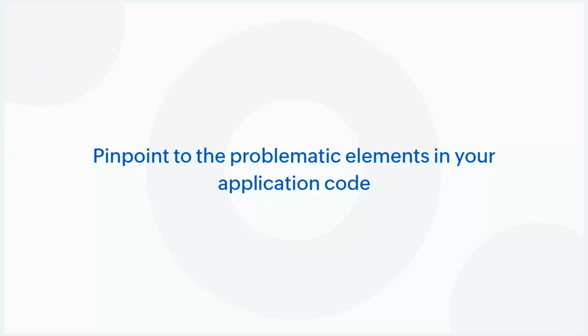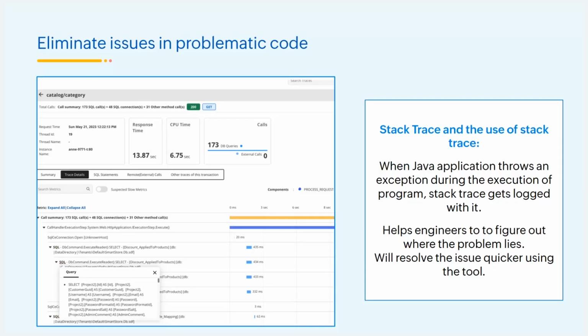Pinpoint the problematic elements in your application code. Let's see the need to eliminate the issues in problematic code. As you may be aware, a stack trace represents the movement of an application during the execution of a program. When a Java application throws an exception, the stack traces get logged. By enabling the stack trace provided by APM Insight, the developers can pinpoint the exact line of code and the sequence of function calls that is leading to the issue.